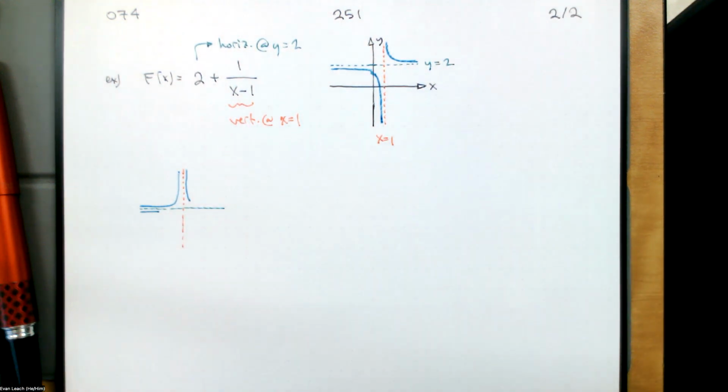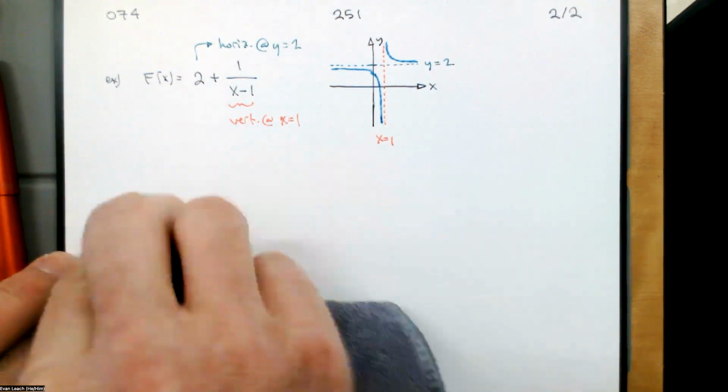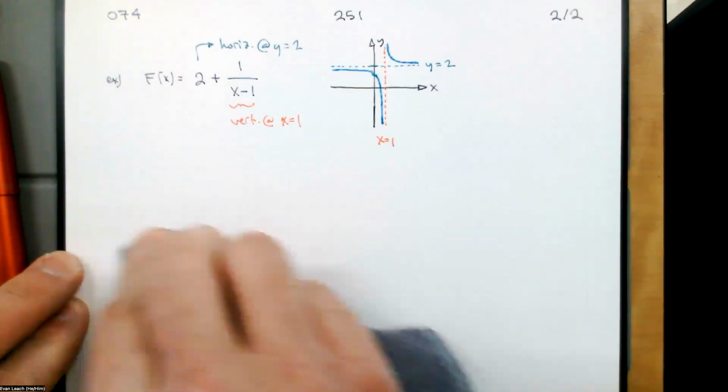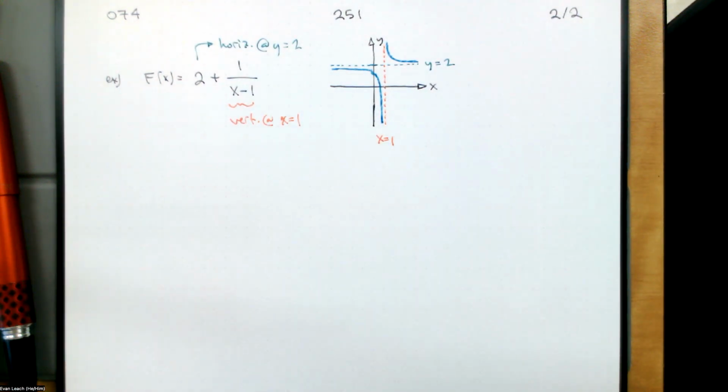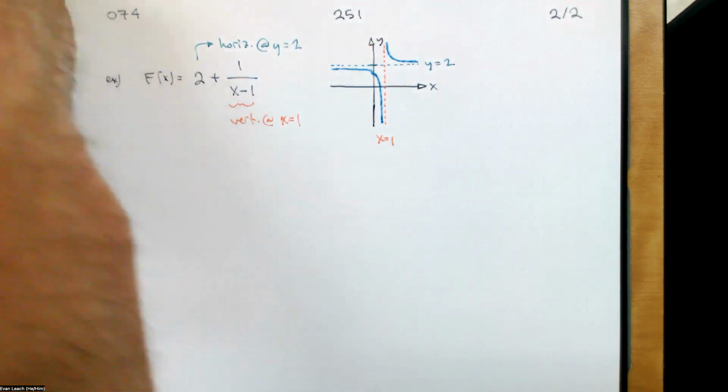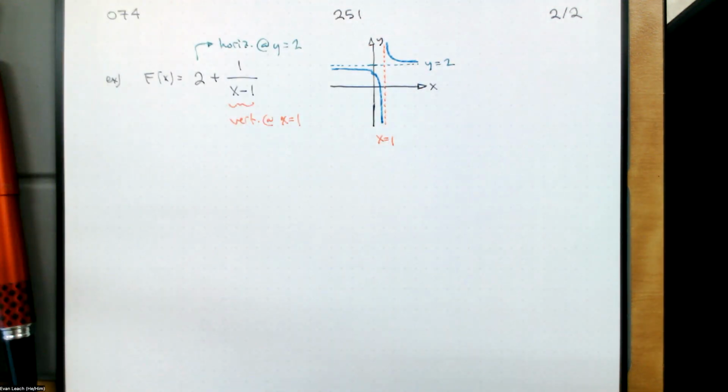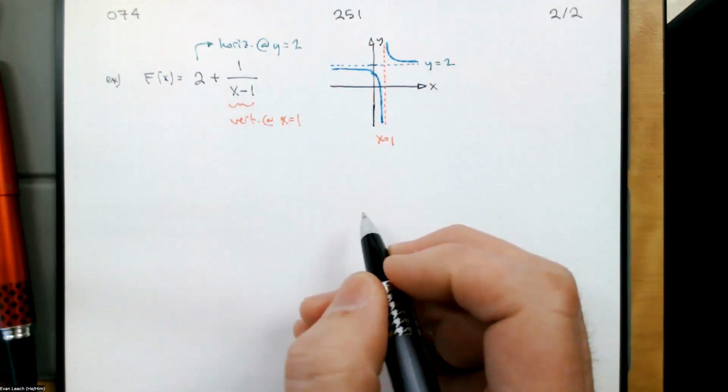So some variations that we're going to want to think about. What happens if I modify this with an x minus 1 squared?